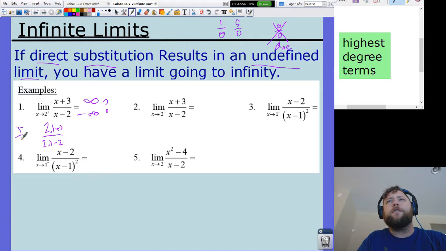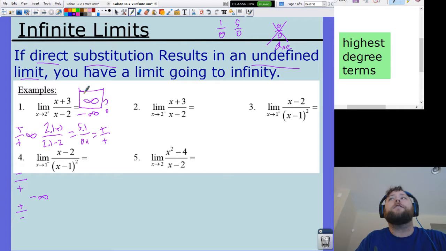If you have positive over positive, it's going to be positive infinity. If you have a negative over a positive or a positive over a negative, it's going to be negative infinity. And if you had negative over negative, dividing two negatives becomes a positive. So in this case, we have 5.1 over 0.1, which is a positive over a positive. So I know my limit is going to be positive infinity, because it's positive.